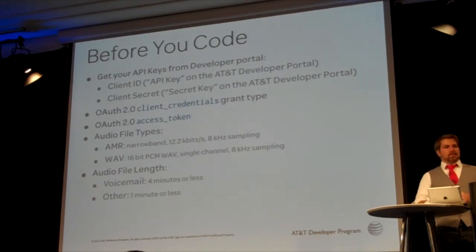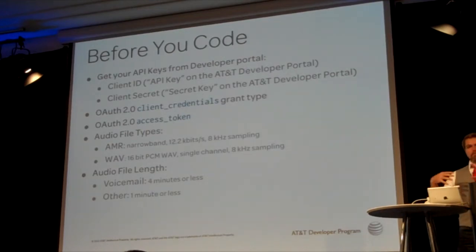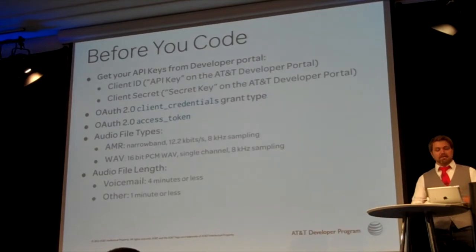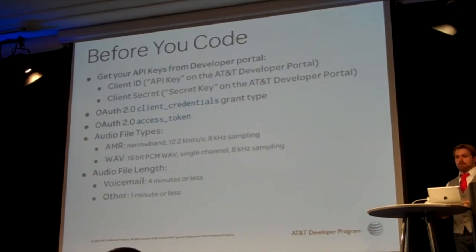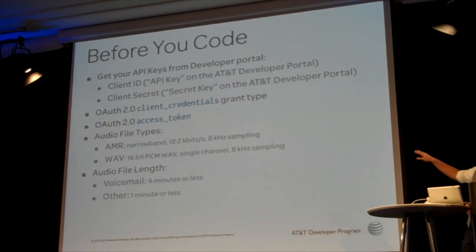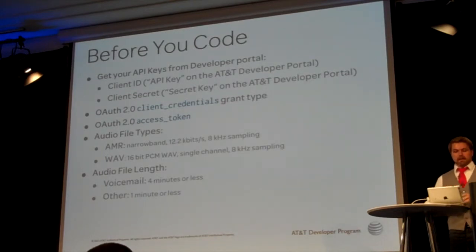After you've gotten your client ID and client secret for getting your access token, you're going to want to make sure that you are prepared for the type of audio that you need to be importing. You've got two different file types, as Jay mentioned earlier. AMR has restrictions: it must be narrowband, 12.2 kilobits per second, and 8 kilohertz sampling.